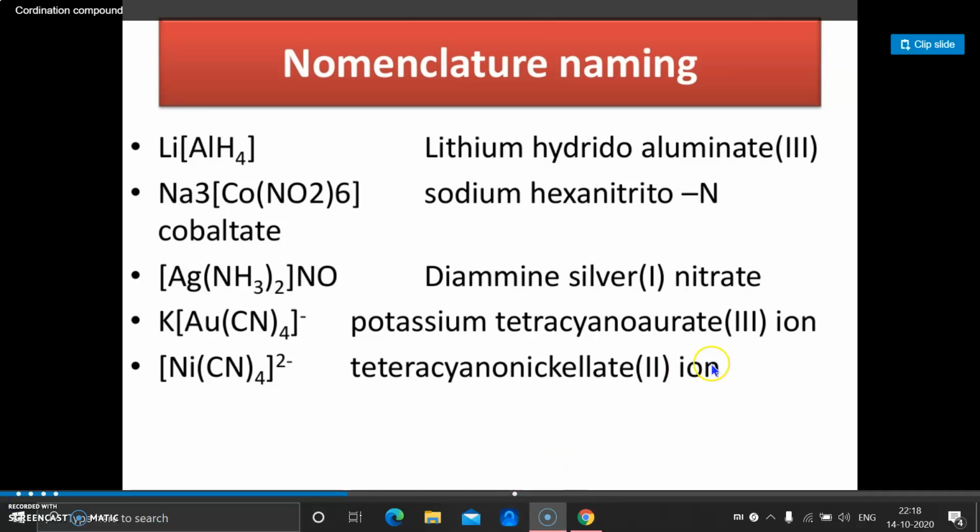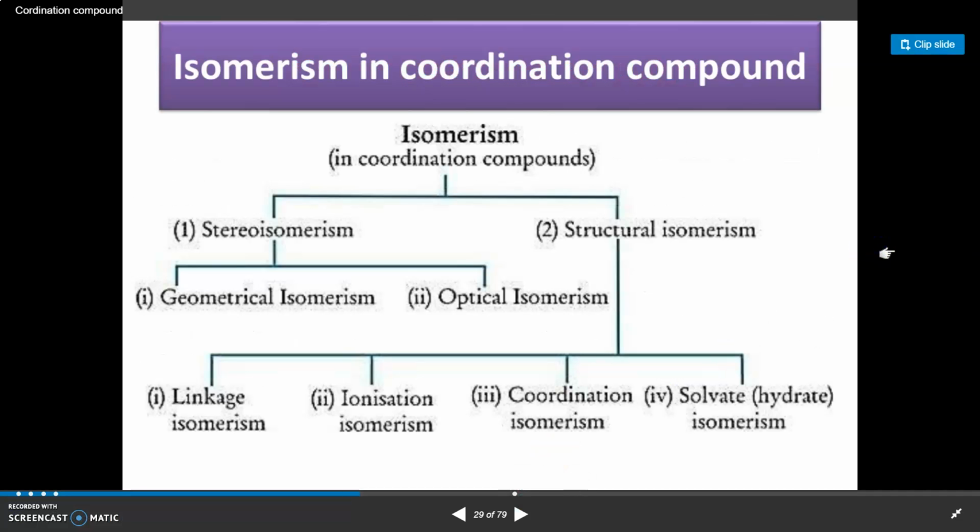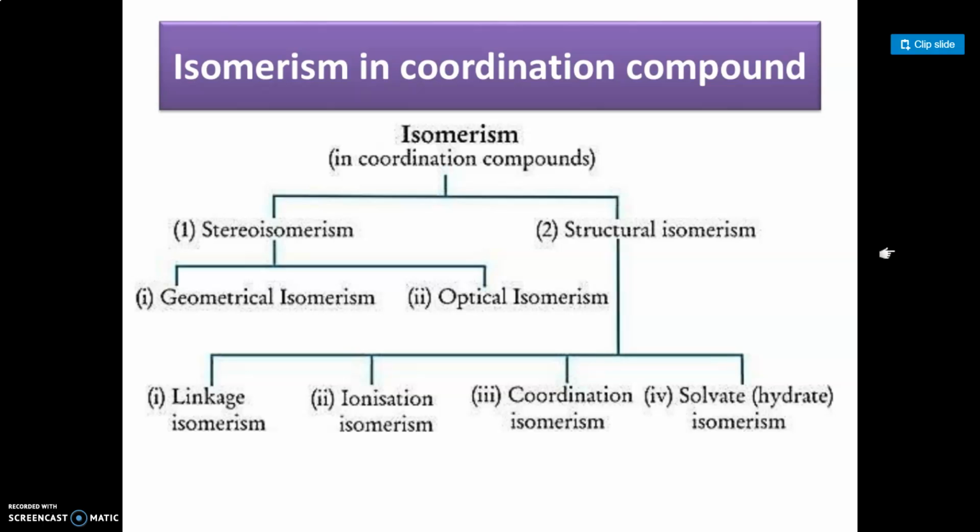Now the next topic is isomerism in coordination compounds. So firstly we see what is meant by isomerism. The simple definition is, if two or more chemical compounds have identical chemical formula but different structure, they are called isomers, and the phenomenon is known as isomerism.